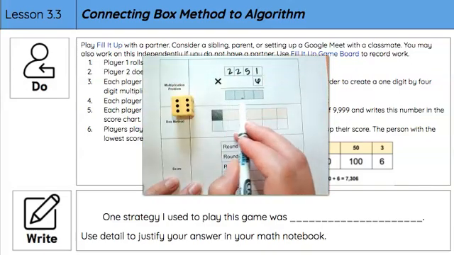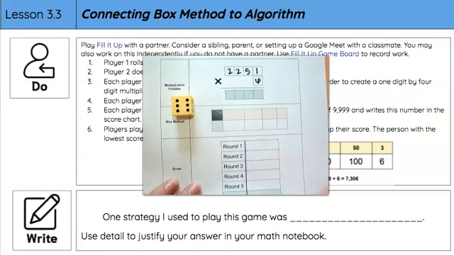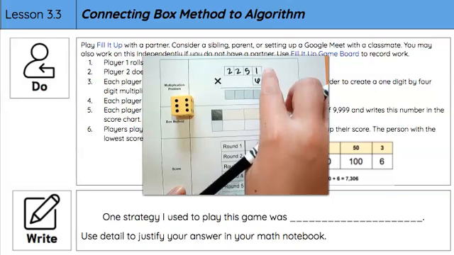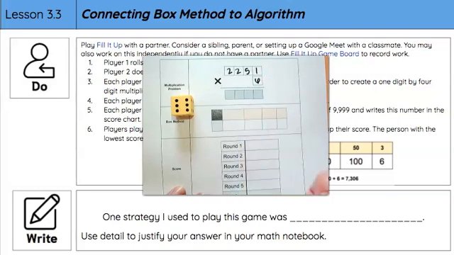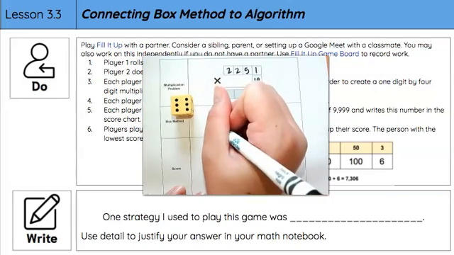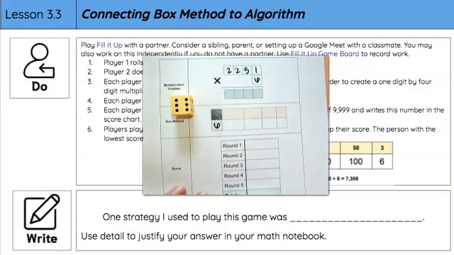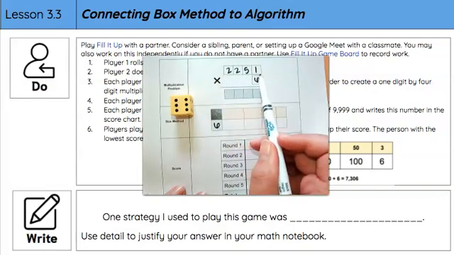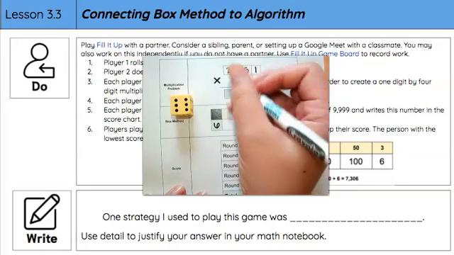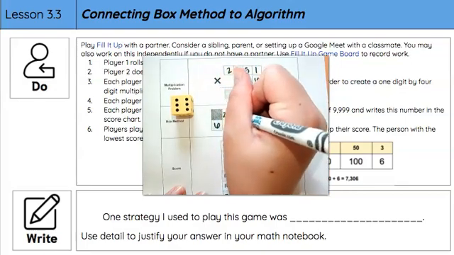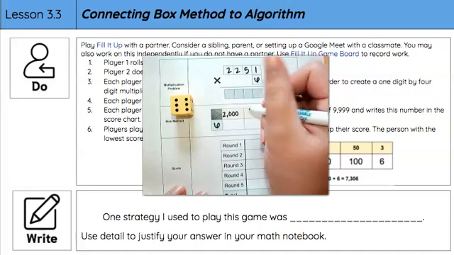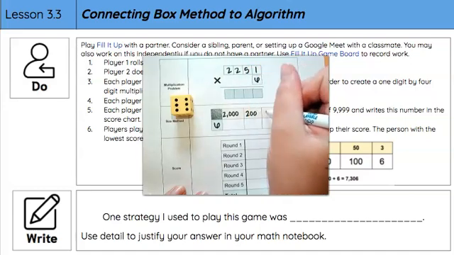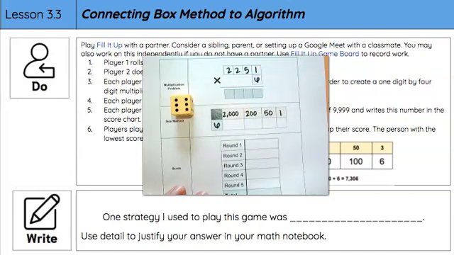I don't know this answer yet because I haven't solved it using my box method yet. So now I'm going to use my multiplication problem to solve it with my box method. I'm going to write my 6 down there, and then I'm going to decompose this number by place value. So I have 2,000, and then 200, 50, and then 1.